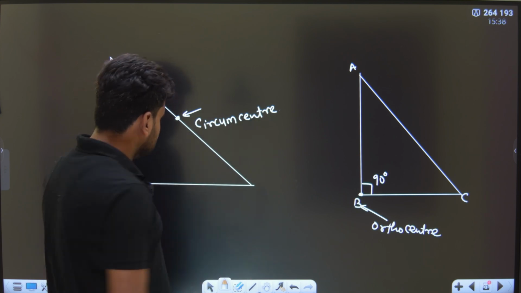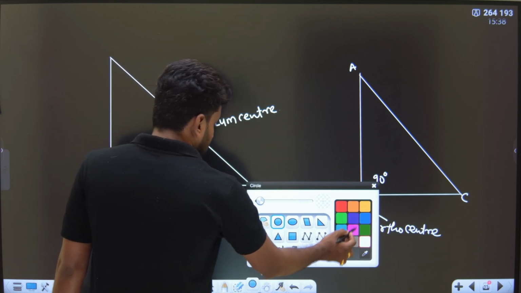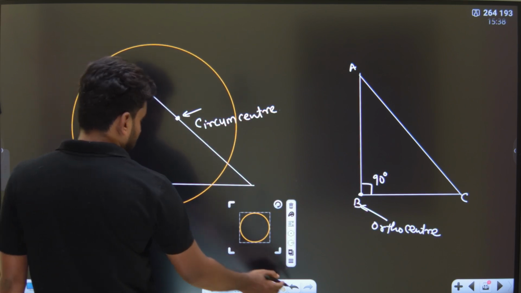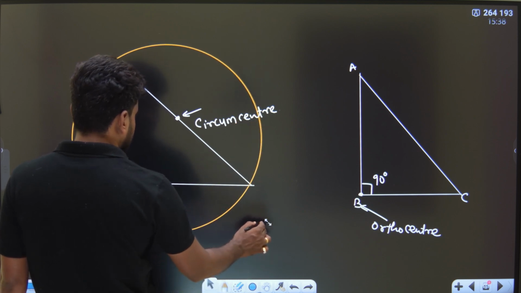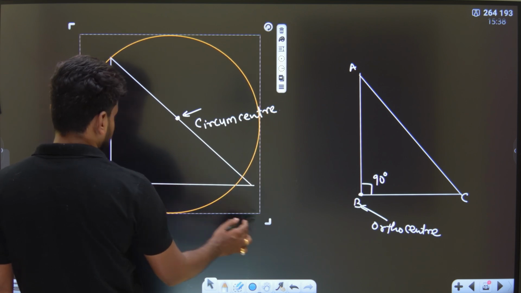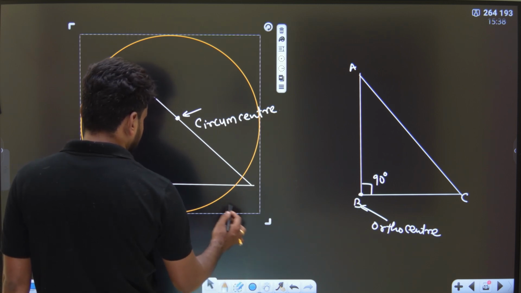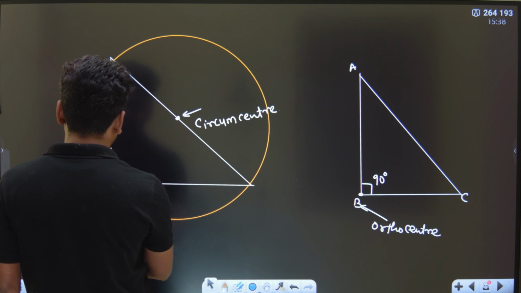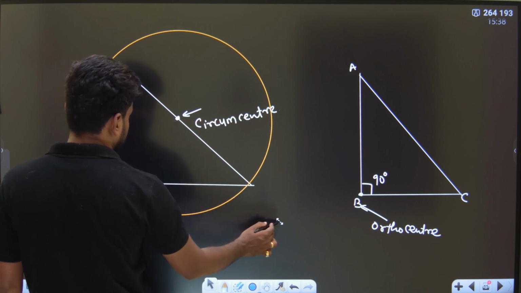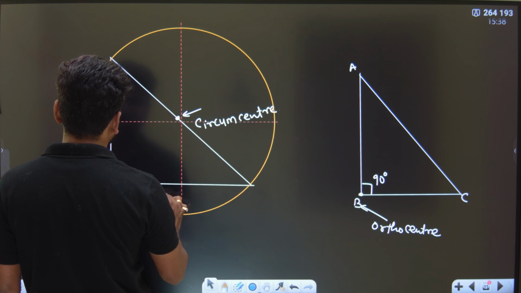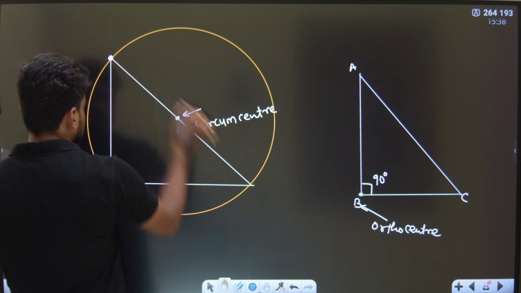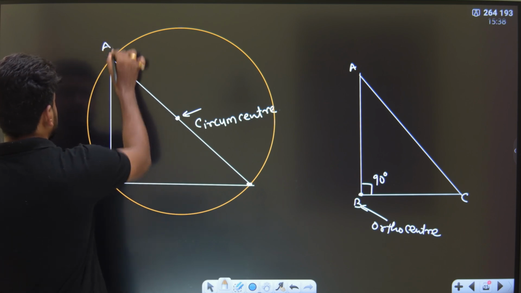So for the case of the circumcenter, the circle passes through its vertices. Okay, right, I want to make the correct figure. Fine. The circle passes through its vertices. You can see the vertices of this triangle ABC.